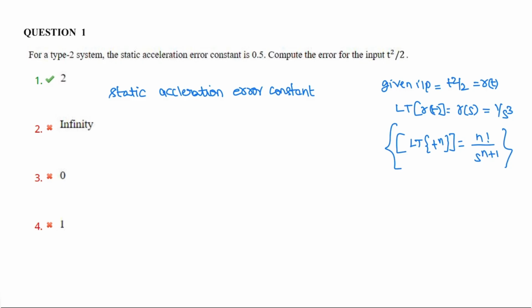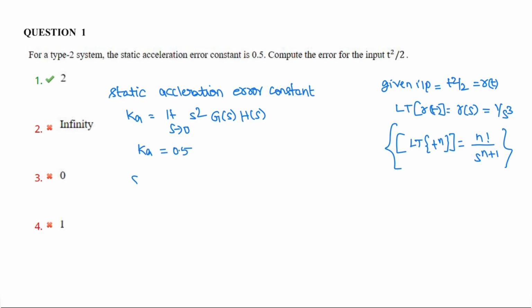Static acceleration error constant, that is Ka, is equal to limit s tends to 0 s square g of s into h of s. And they have given the value of acceleration error constant as 0.5.